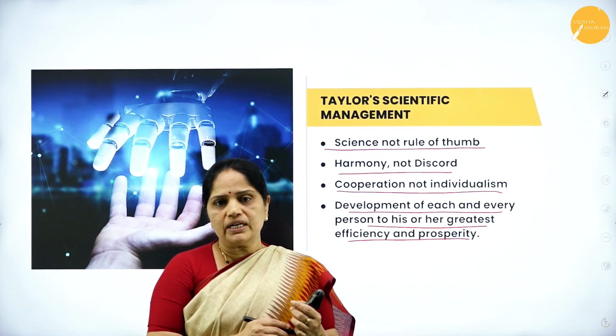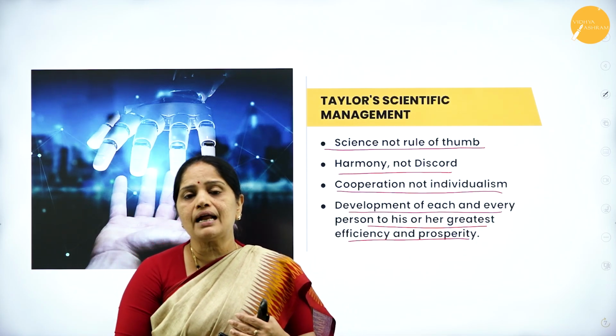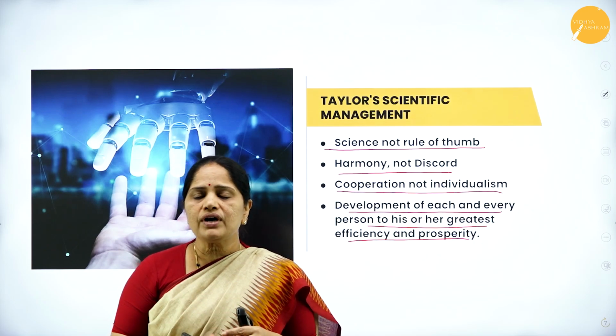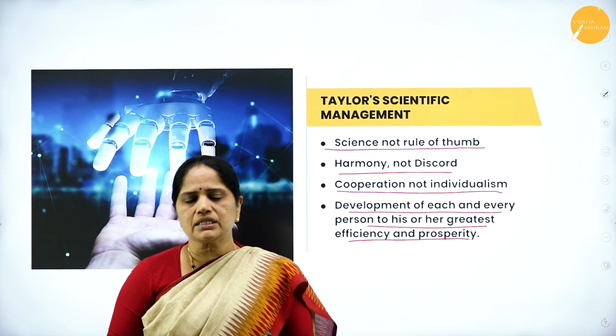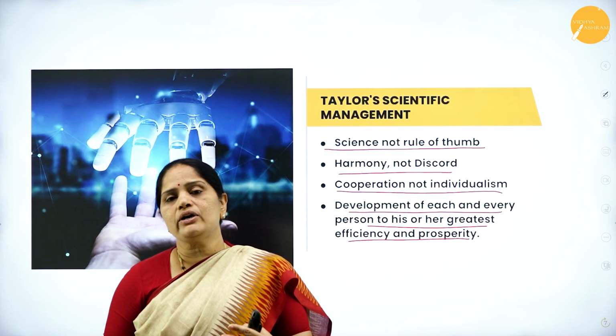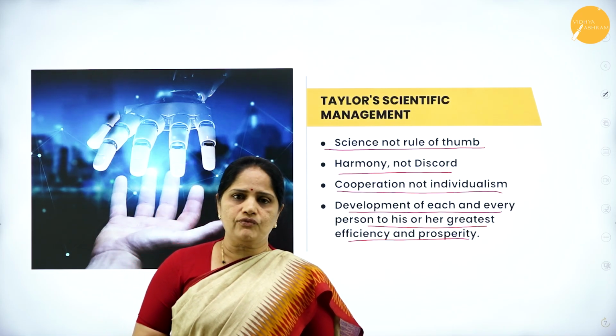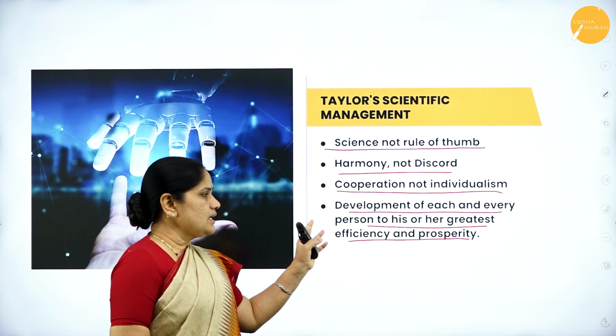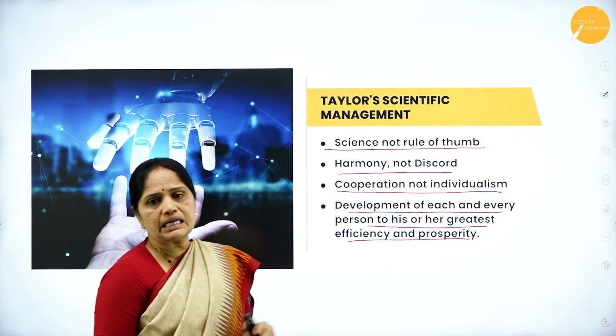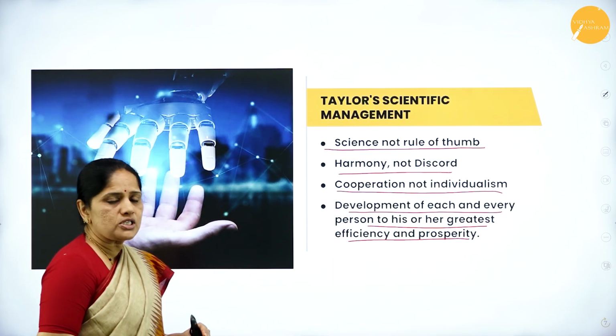So each and every person should put in 100% efficiency and work for the betterment of the organization. When the organization prospers, the employee also will prosper in the same way. So in this way, we should ensure that each and every person will develop to his or her greatest efficiency and prosperity.